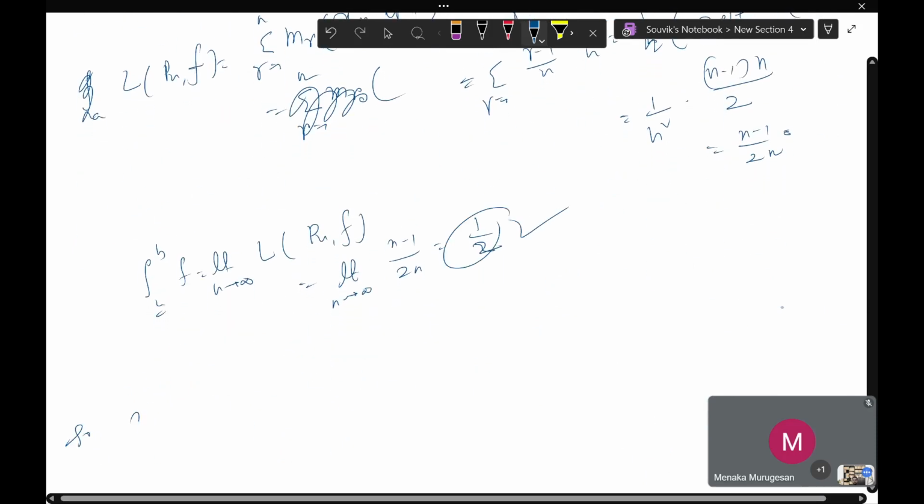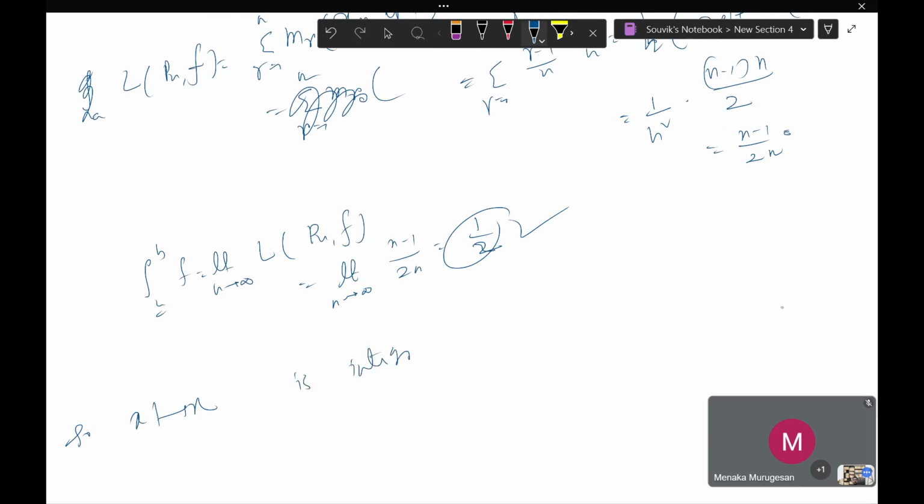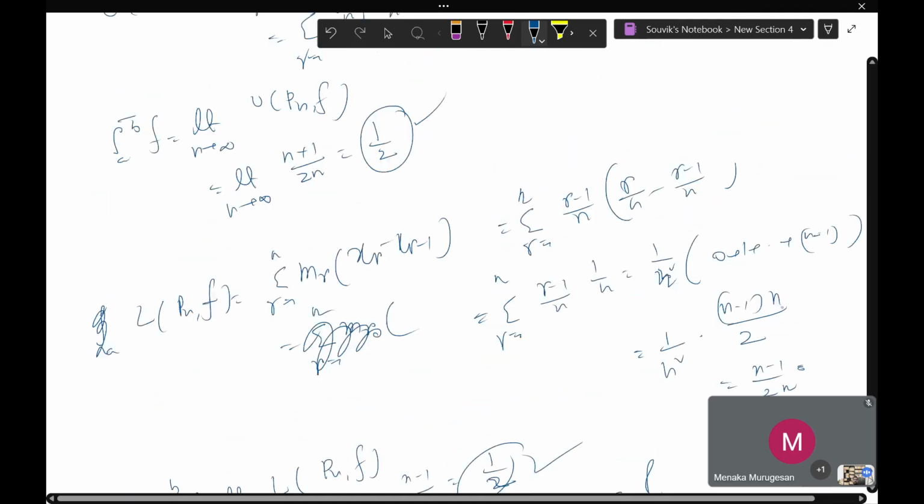So x is integrable on [0, 1], and the value of this integration is half. So this is an application of that theorem.